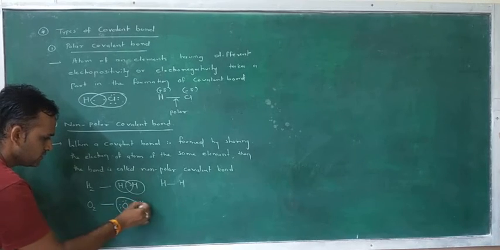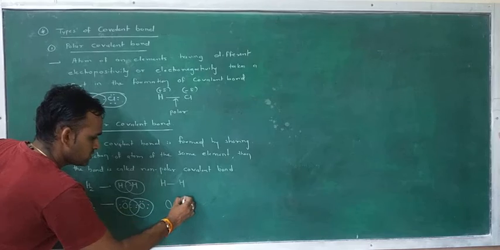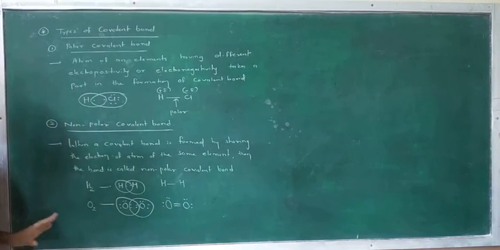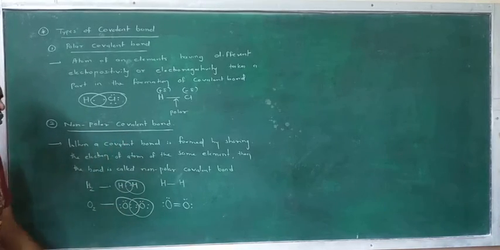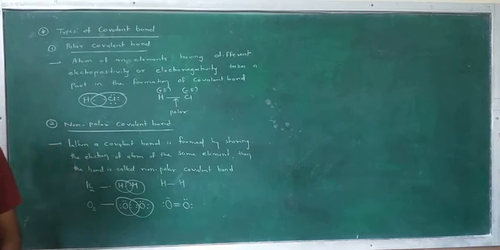See here, oxygen, double bond, oxygen. Is it clear? So this we can say is a non-polar covalent bond. Covalent means sharing of two electrons is there, but it is not polar, right? So we can say it is a non-polar covalent bond.